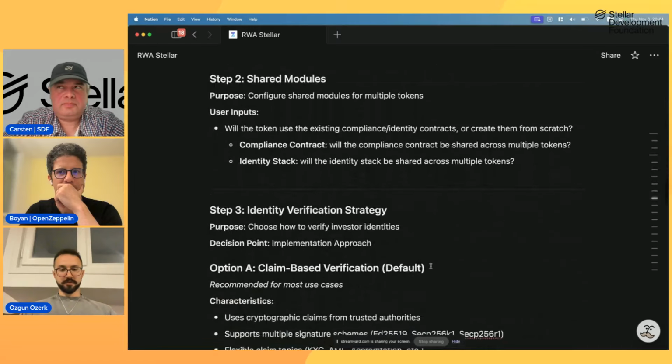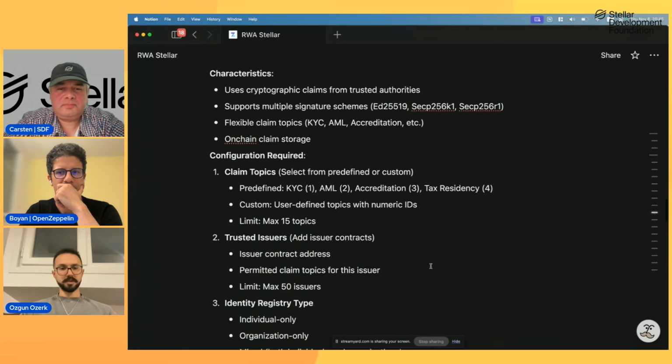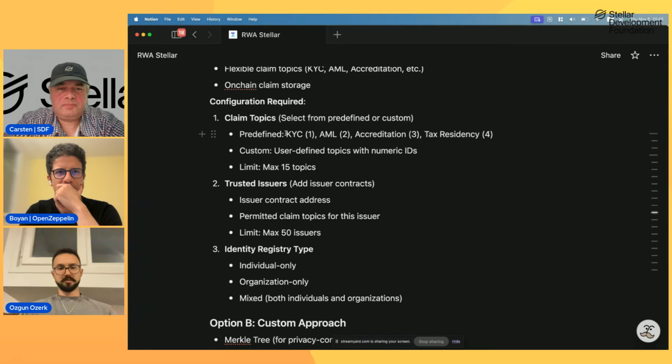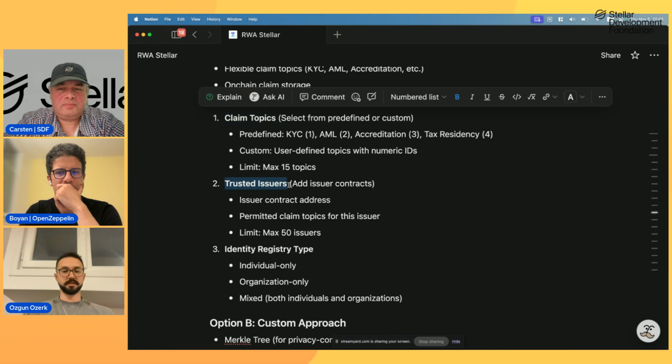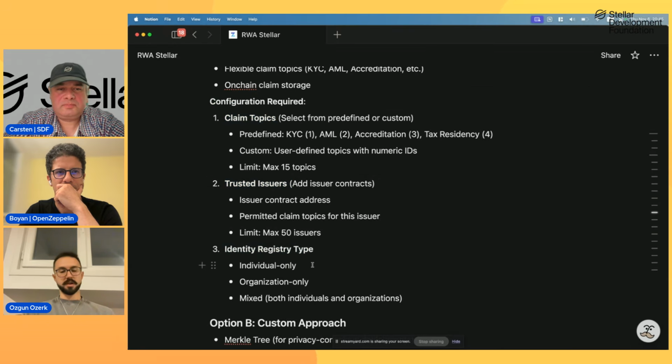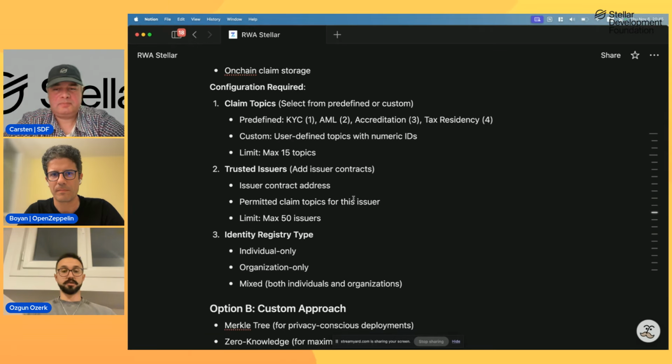So what do we provide for the default identity? We provide claim topics. These will be know your customer, anti-money laundering, etc. We limited the topics to at most 15. We also have trusted issuers. These are all separate contracts, by the way, like this is a separate contract, this is a separate contract, this is a separate contract. And the trusted issuers will be able to sign claims on behalf of the users so that the users can use these claims.